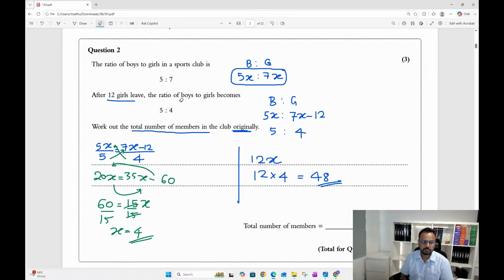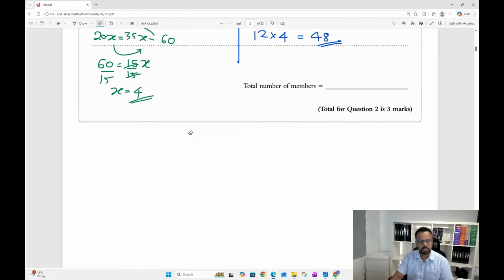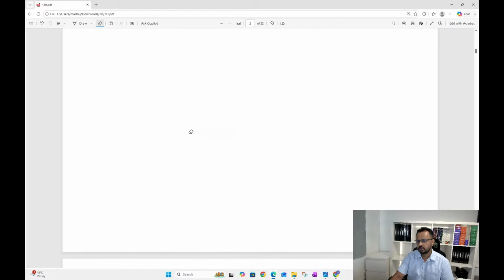That's fine, guys. You can do 7x take away 3. But this is a more mathematical way, and sometimes when the question is a complicated one, this will be more useful. But you can just look into the number of part reduction and you get exactly the same answer, guys. That's it. Right.